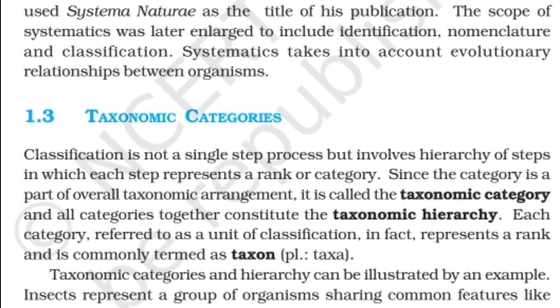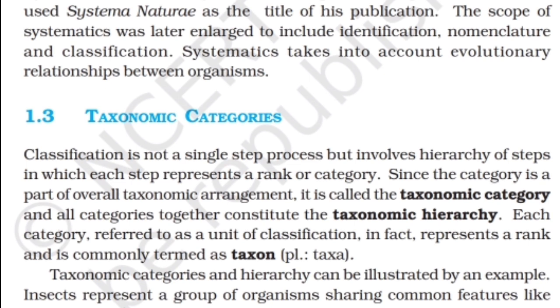Linnaeus used Systema Naturae as the title of his publication. The scope of systematics was later enlarged to include identification, nomenclature and classification. Systematics takes into account evolutionary relationship between organisms.